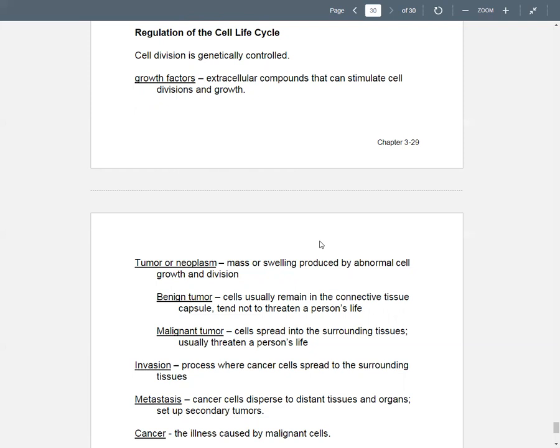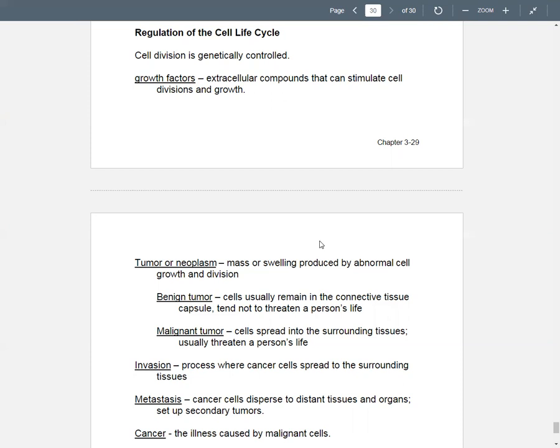We also have a term called invasion. It's a process that happens when cancer cells spread to other tissues. Okay, so that being malignant, when they leave and go somewhere else, that's called invasion. Now, when those cells that are cancerous have moved somewhere else and set up a secondary tumor, then that's called metastasis.